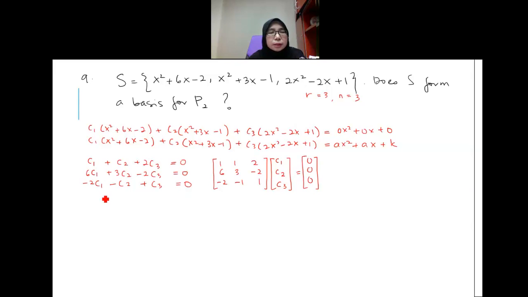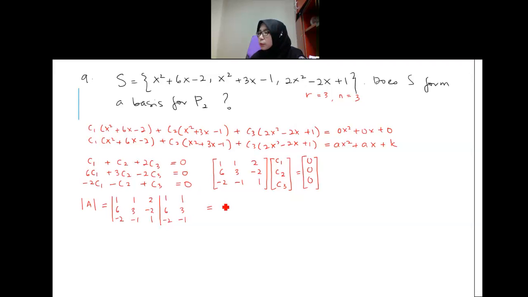Because this is a square matrix, I use the determinant. Here I use Sarrus' method: 1, 6, negative 2, 1, 3, negative 1, 2, negative 2, 1. Add two columns, the first and the second column. For Sarrus', bottom minus top.